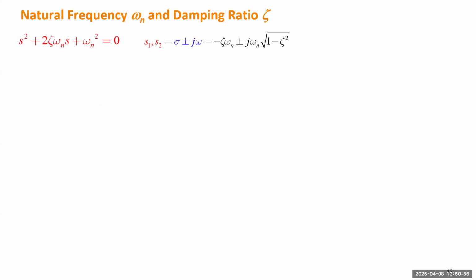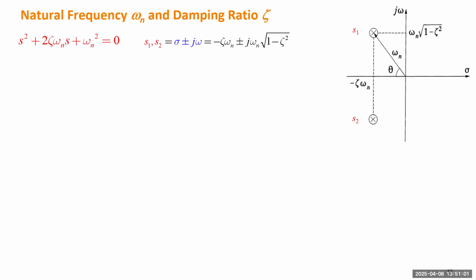All right, so let's look into the natural frequency and damping ratio. If we draw the two conjugate eigenvalues, or the two roots of the characteristic equation, as a pair in the complex plane, they will be symmetric about the real axis. They have the same real part and opposite imaginary part.